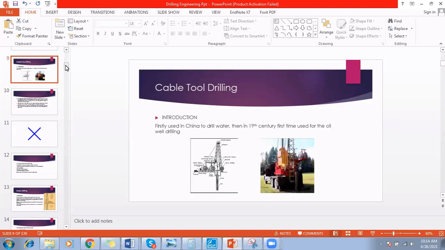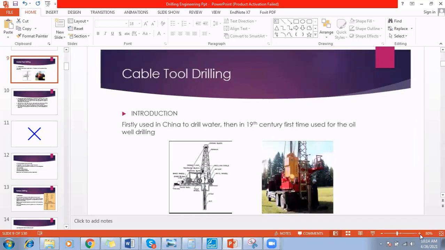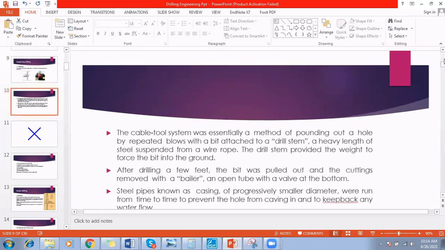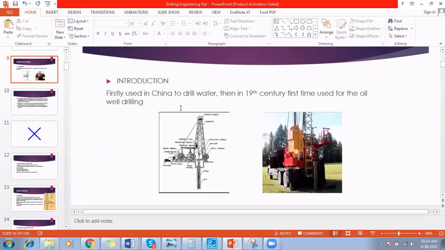So what exactly is cable tool drilling? Cable tool drilling is, I will share the working procedure of this methodology as well. This is a methodology that was used to drill water wells in the 19th century.